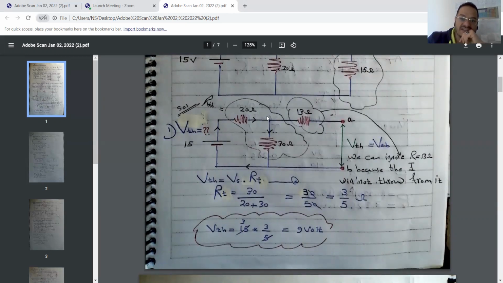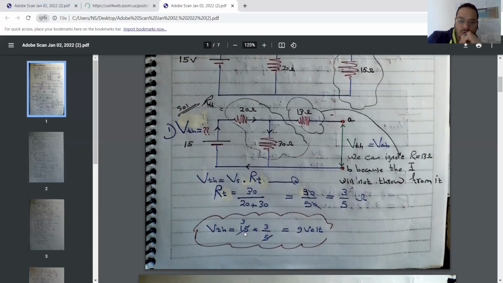Here it's not the Thevenin voltage, it's the VC voltage. VC will equal Vs dot RT, or we can say equal 15 volt dot 30 ohm divided by 20 ohm plus 30 ohm.